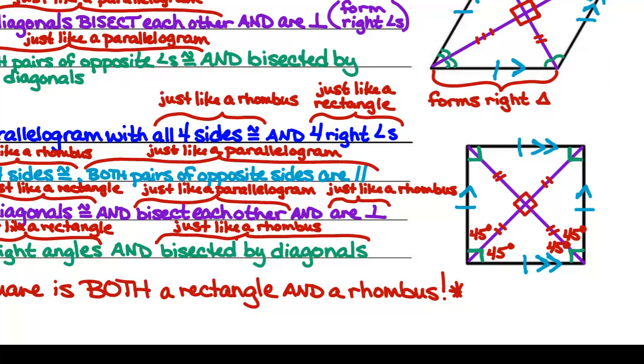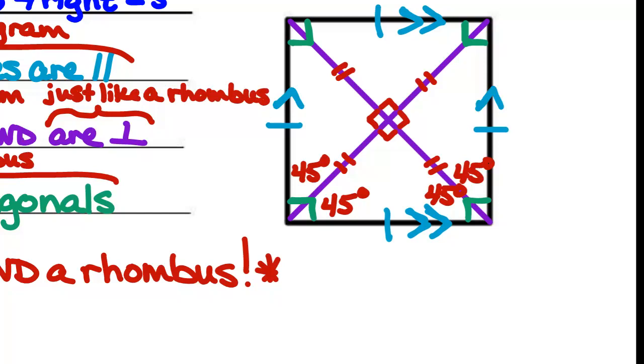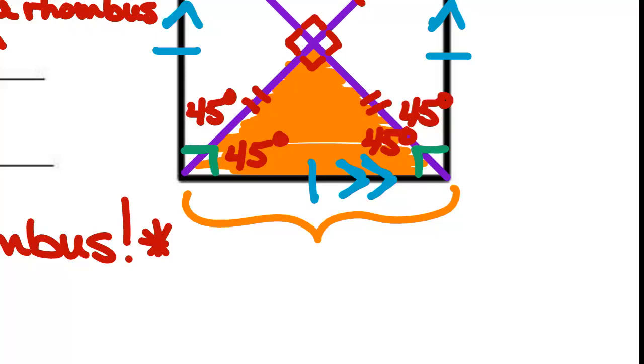There's one last thing that I want to draw your attention to before we go and start looking at some problems. And that is right here. Looking at this small triangle, and I could look at any 4 of them. I'm just going to look at the bottom one. All 4 are exactly the same.